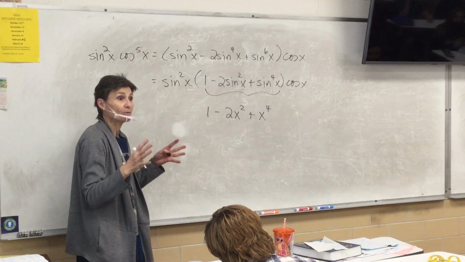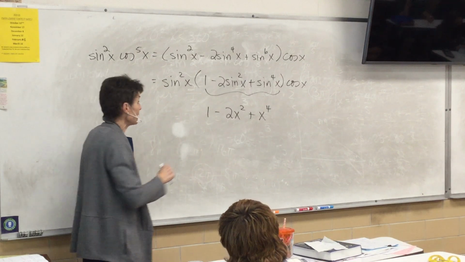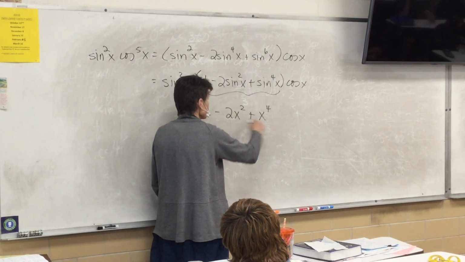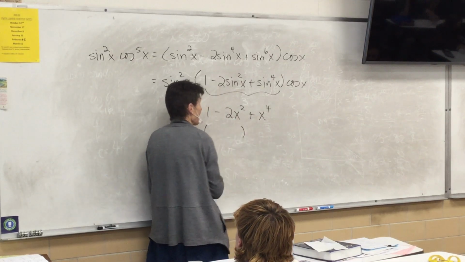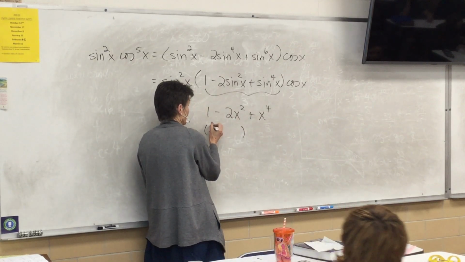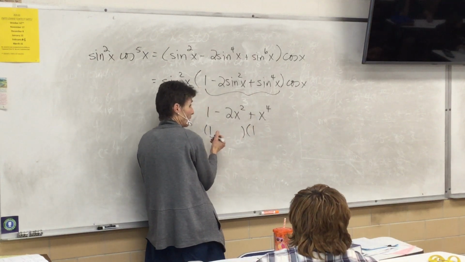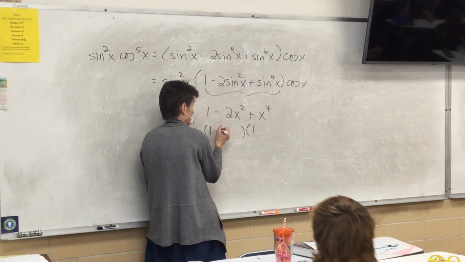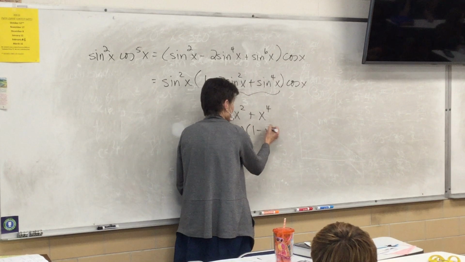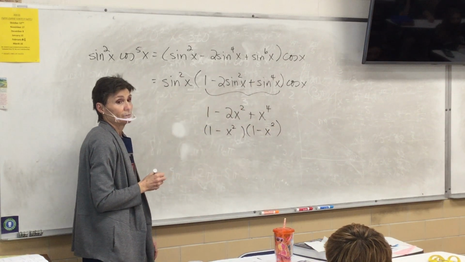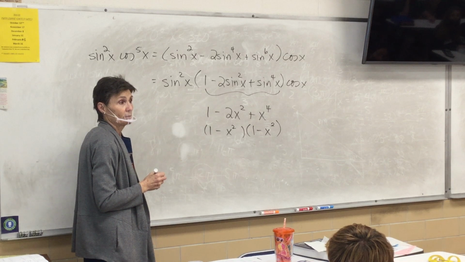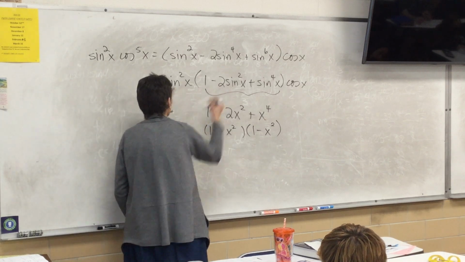That's the pattern that's there. And how would this factor, if this is what you had, like in your Algebra 1 class? 1 minus x squared and 1 minus x squared?